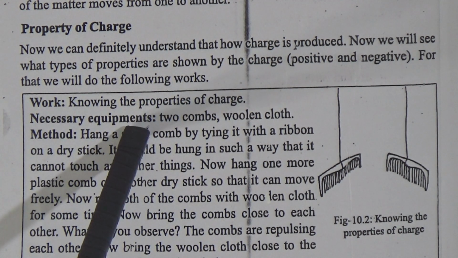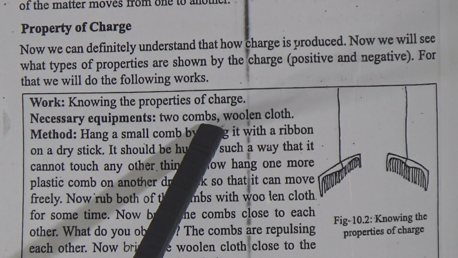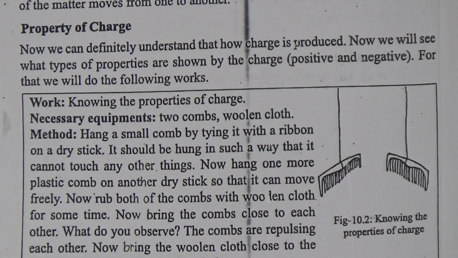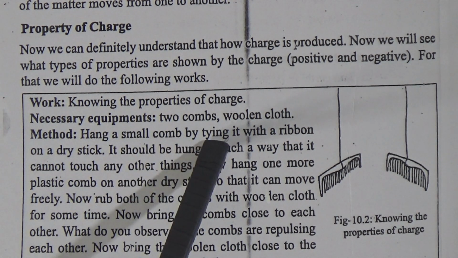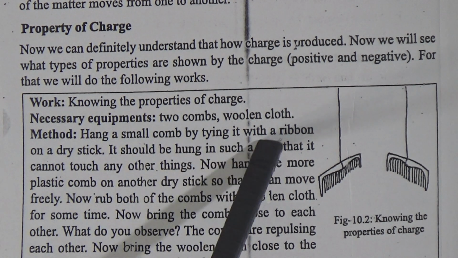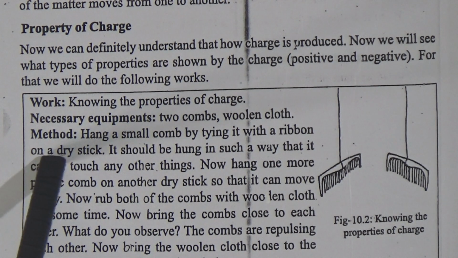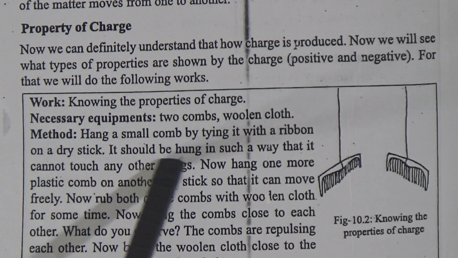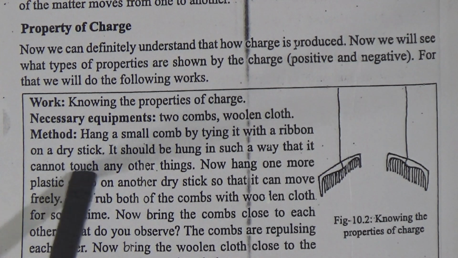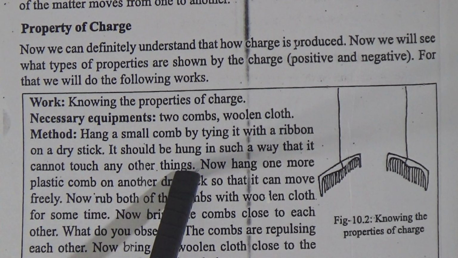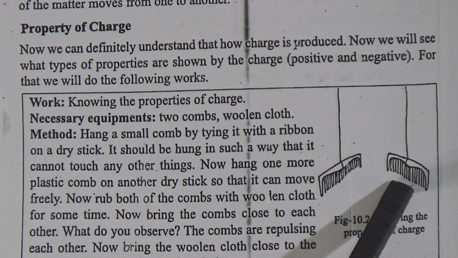Necessary equipment for this experiment is 2 combs and woolen cloths, and the method is: hang a small comb by tying it with a ribbon on a dry stick. It should be hung in such a way that it cannot touch any other things, like this way.